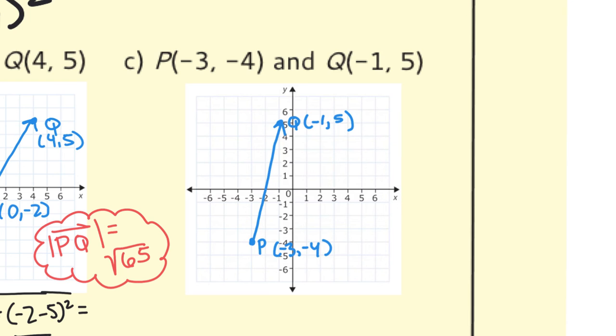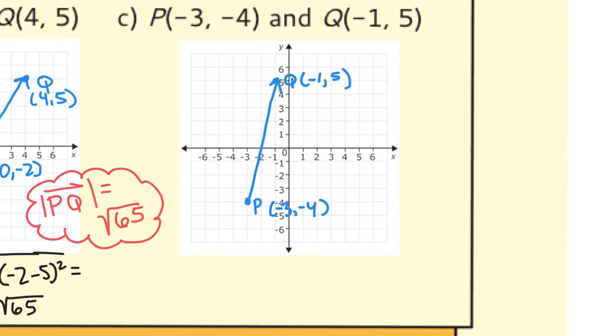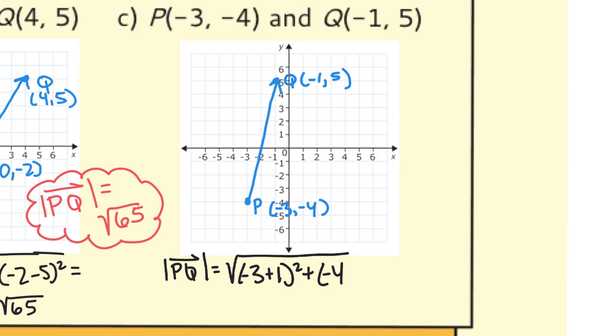And then we'll use our distance formula to find the magnitude. So magnitude of PQ equals the square root of x2, -3, minus x1. So minus -1 would be +1 squared, plus y2, -4, minus y1, -5 squared.